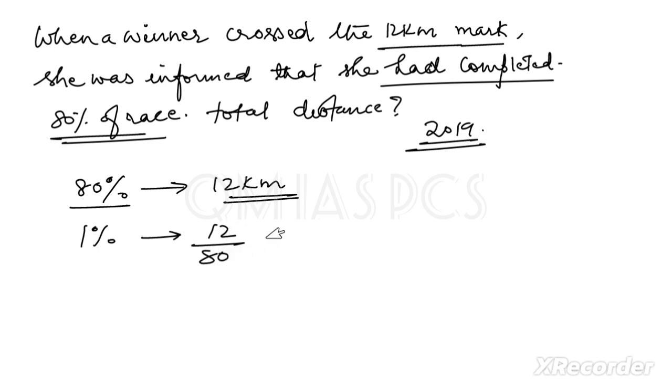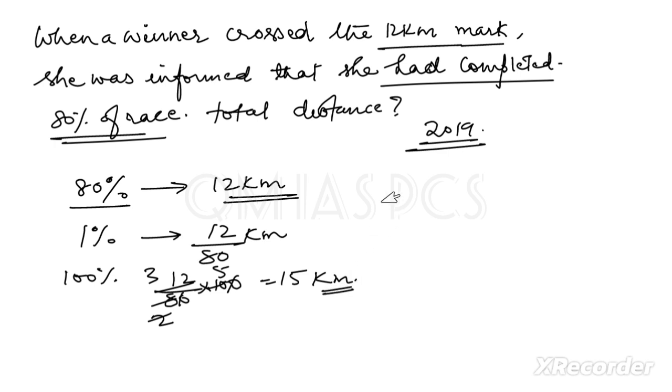Then what will be 100 percent? 100 percent will be 12 by 80 multiplied by 100. Simple. 0 will be cancelled out. Now this is in terms of 4, it will be 2, it will be 3, and this will be 5. So here it is 15 kilometer.